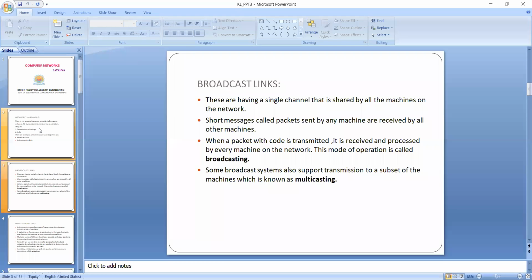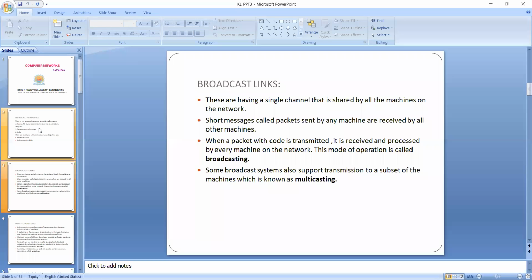So if machine 1 sends a packet, then the remaining 99 machines, numbered 2 to 100, receive that message. But which machine has to respond? In the packet, there is an address field which specifies which machine has to respond.